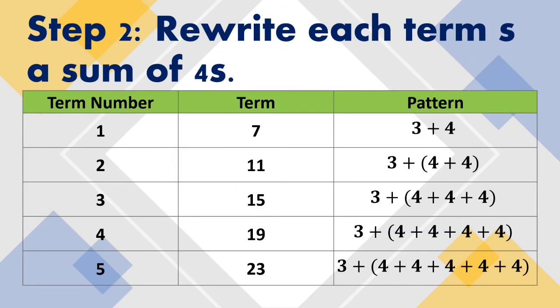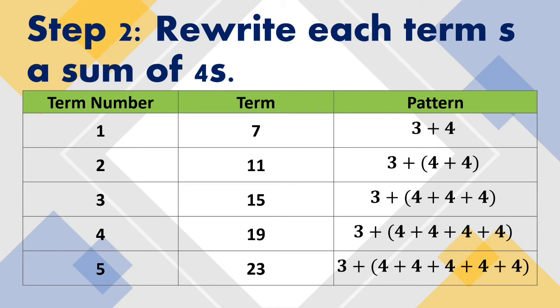Step number 2. Rewrite each term as a sum of 4s. Think of a number that can be added to 4 to get our first term, which is 7. Correct, 3 can be added to 4 to get our first term, which is 7.